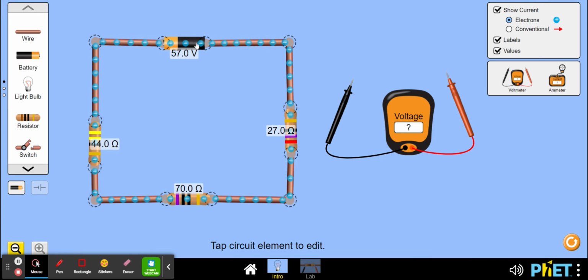I can move this over like this. You can also take this ammeter and place it down on top of the wire, and it will tell you what current is flowing in the wire. So you can check the circuit.